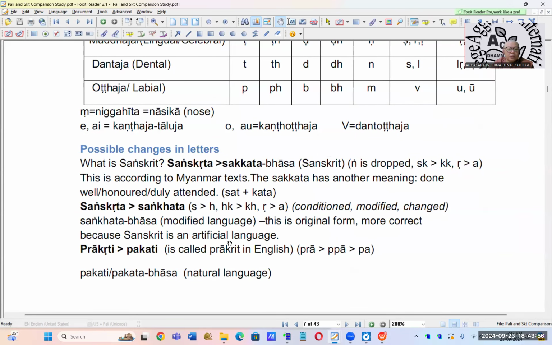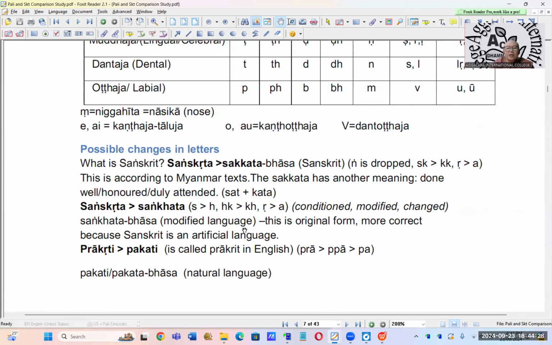Okay, so what is Sanskrit? From the word Sankrita. Sankrita. Okay, now changing to Sankata. Kata sometimes has another meaning: done or made. Bhasa is language. So language that is made or done. Sometimes we call it Sankata, or another meaning is modified language, right?